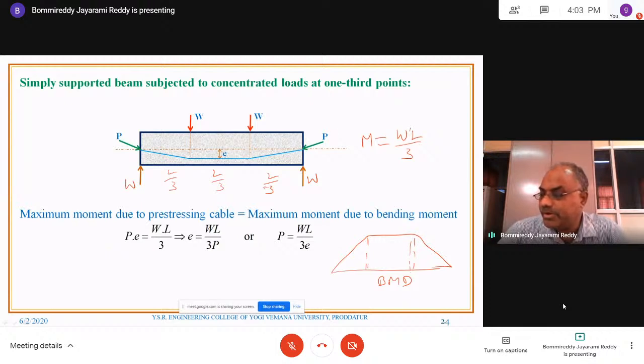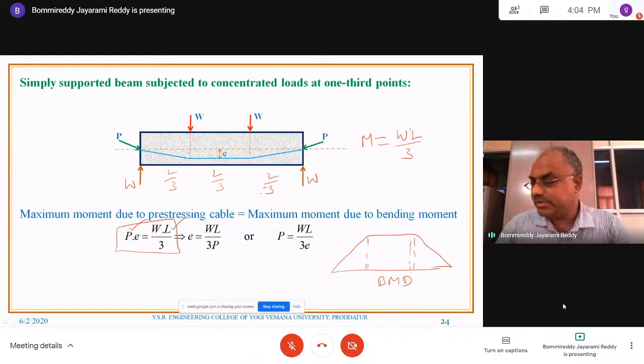Accordingly, what is the maximum bending moment because of P? It is P into e. That you know. What is the bending moment WL by 3? That also you know. That's all. This is the only equation that you can formulate.